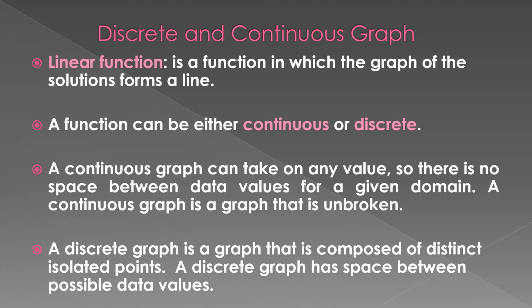A continuous graph is a graph that is unbroken. So your keyword here is unbroken. Whereas a discrete graph is a graph that is composed of distinct isolated points. A discrete graph has space between possible data values.